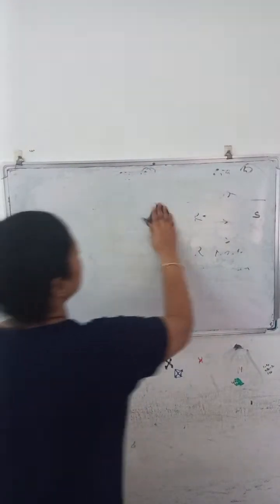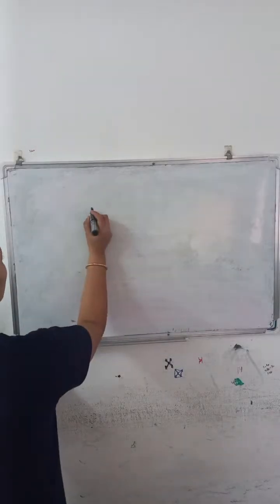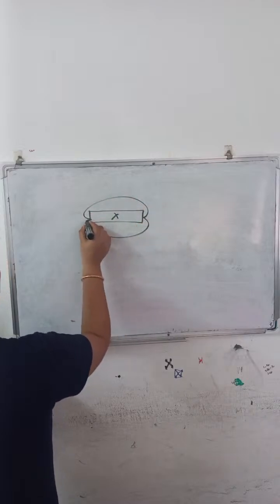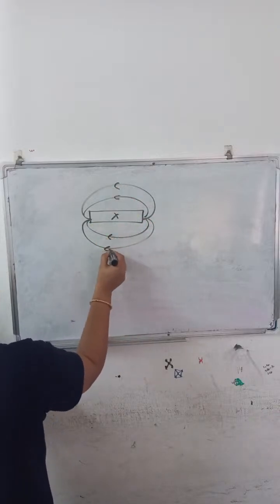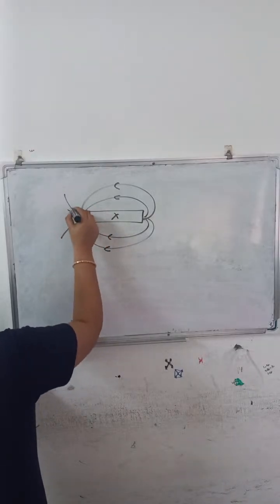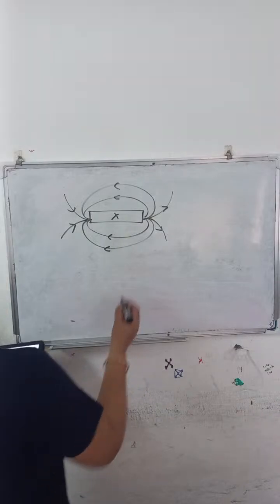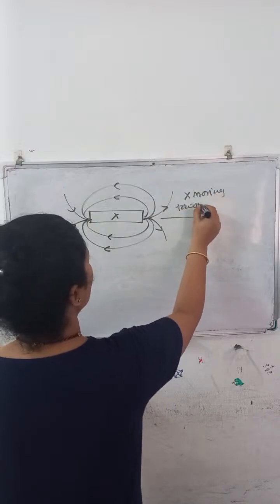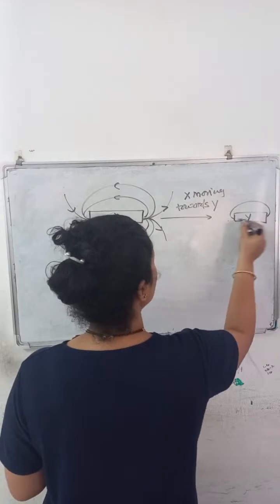So here the figure is given. Here they gave X and the field lines. Then X is moving towards Y, and here in the figure this is Y, and the field lines.